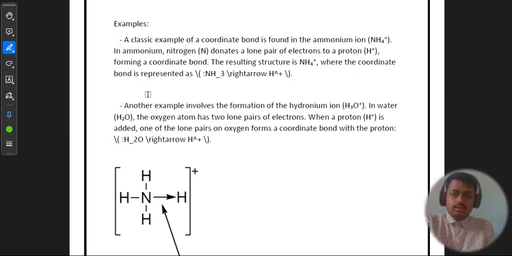If we look into the NH4+ example, in the ammonium ion, the nitrogen donates a lone pair of electrons to a proton, H+, forming a coordinate bond, resulting in NH4+.